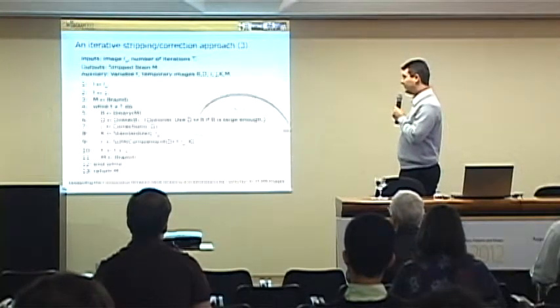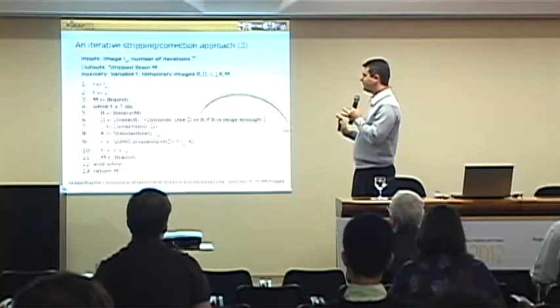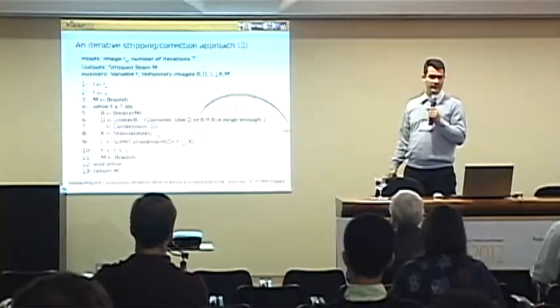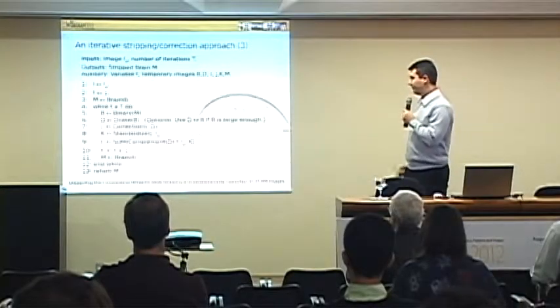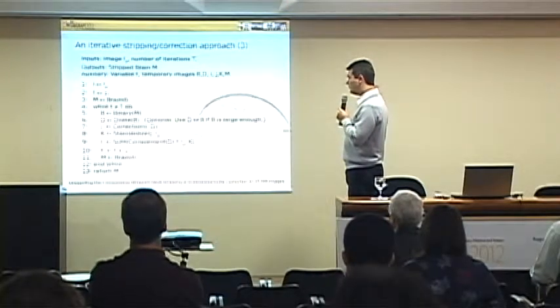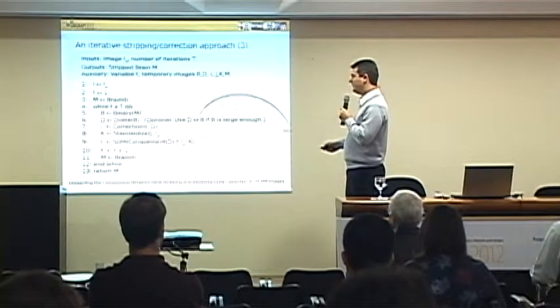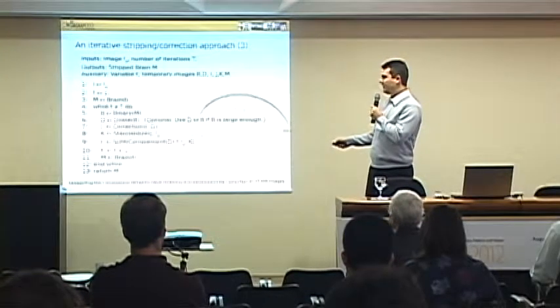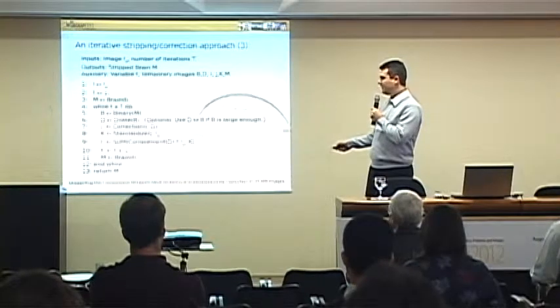And here I just want to talk a little bit about the algorithm. It's nothing more than what I showed you in the images in the previous slides. But the interesting thing to show you is the first skull stripping, then computing the binary image, dilating it, making the inhomogeneity correction.